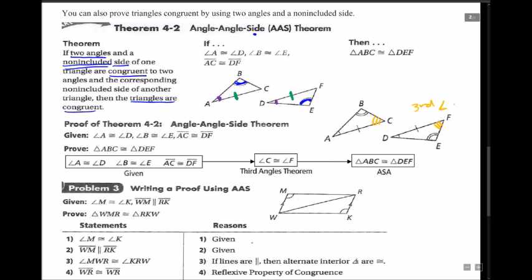How about our third angle theorem? And then we could use this angle and our included side and use the angle side angle postulate. And these should all be appropriately labeled. All right, so that is a very simple proof to get to the angle angle side theorem.